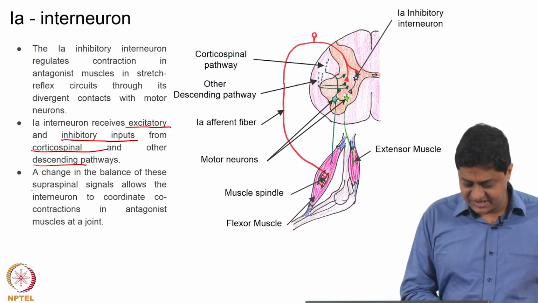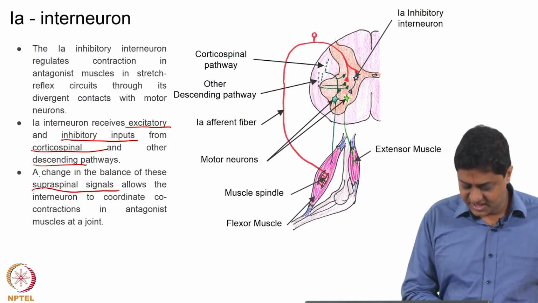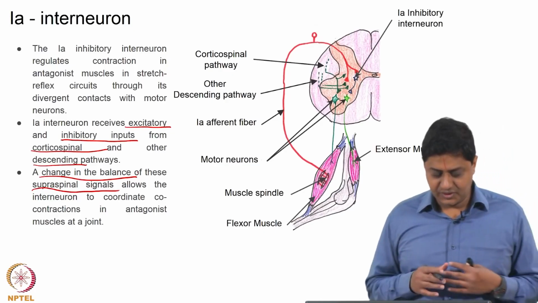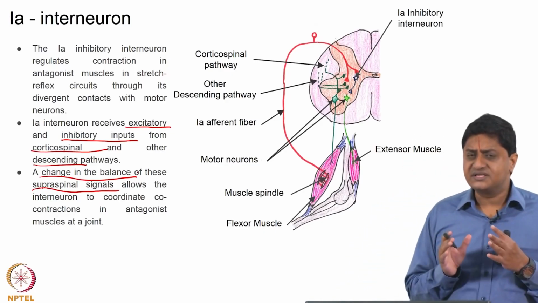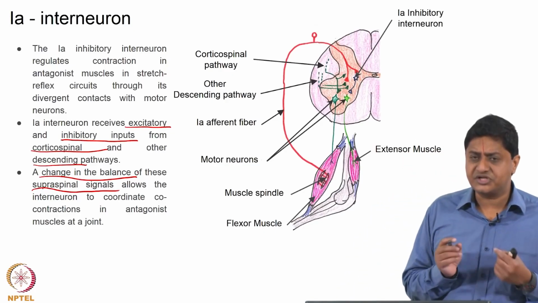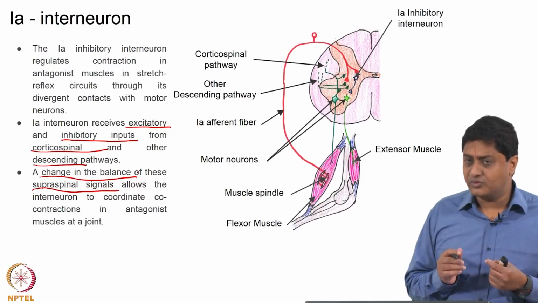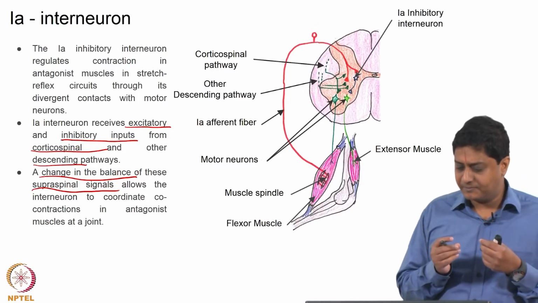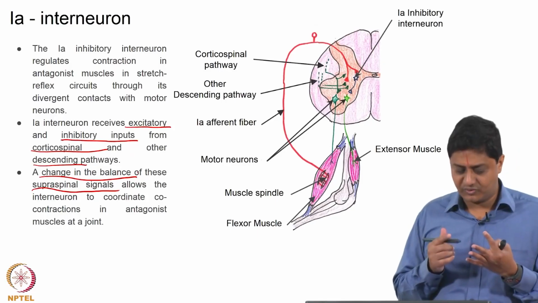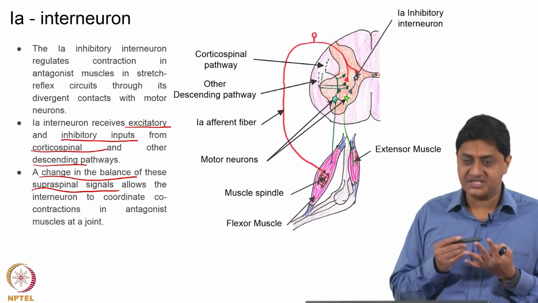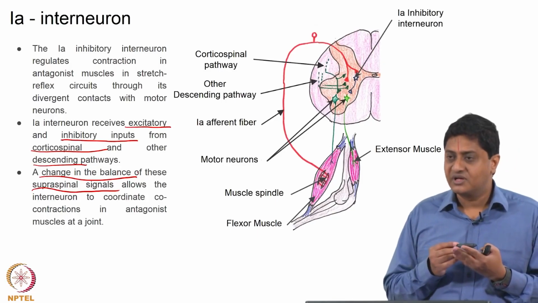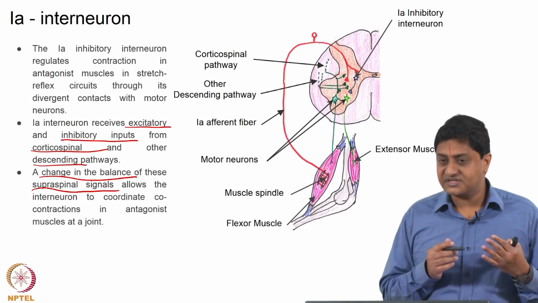So this balance must change. A change in the balance allows the interneuron to coordinate muscle contraction. Coordination happens through the balance of multiple pathways: from the 1A afferent, from Renshaw cells, from corticospinal pathways, and let us also remember the monoaminergic inputs from the brainstem that we discussed some time ago.